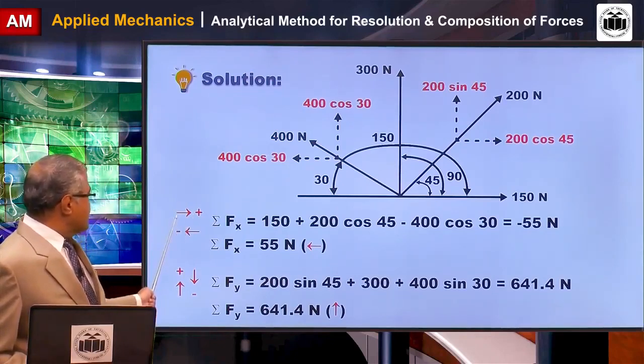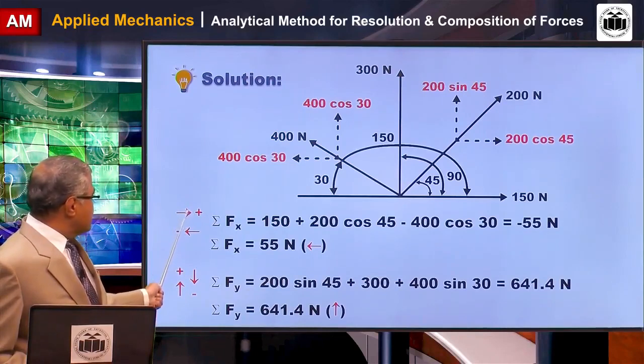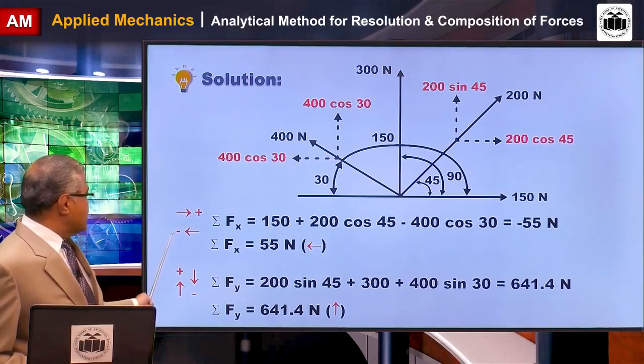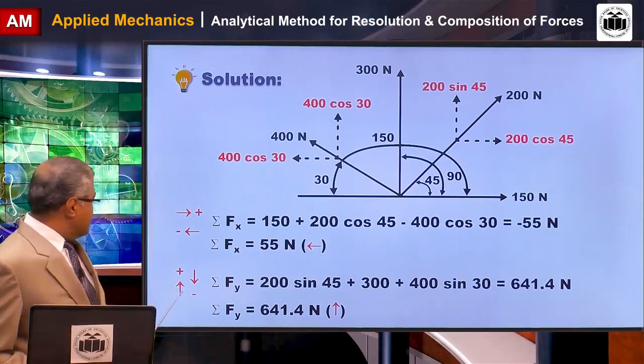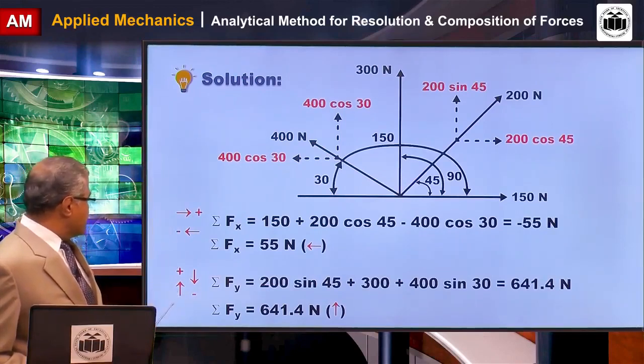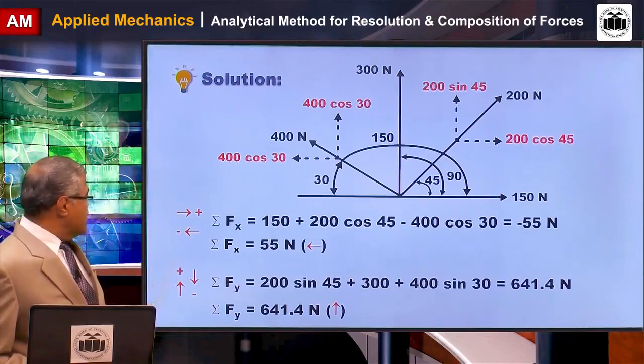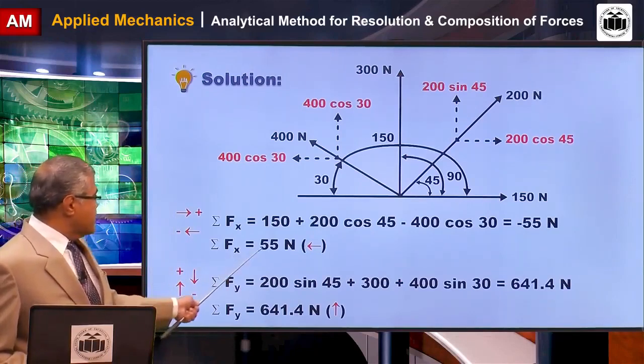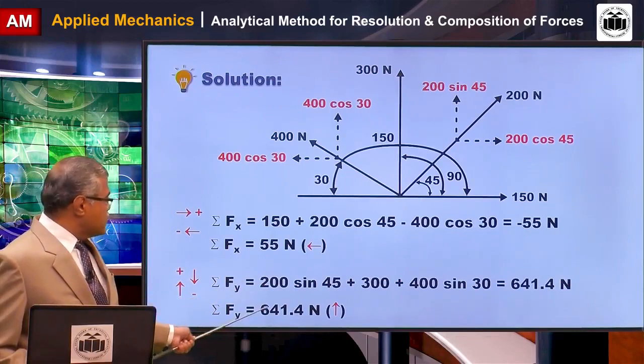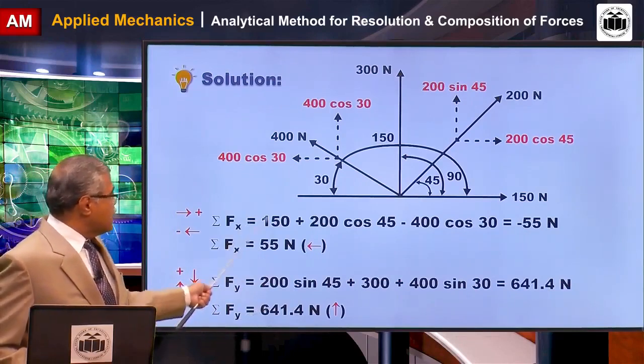Students should remember that forces going towards the right side are positive, forces going towards the left side are negative. Similarly, in case of summation Fy, forces upward are positive, forces downward are negative. Students commit mistakes here, and their answer is wrong if the signs are not used properly.